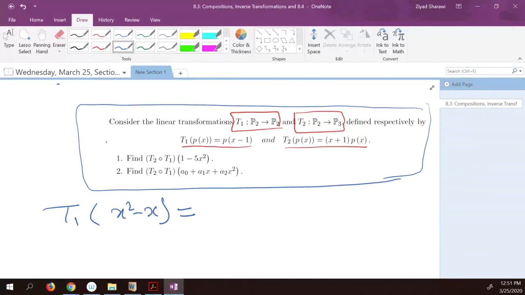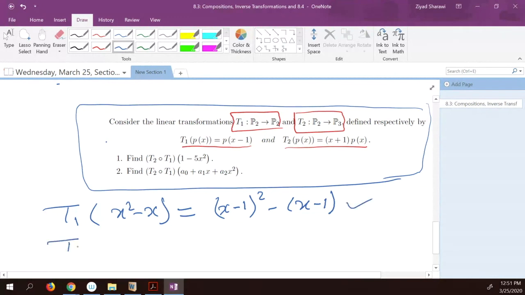Just raise your hand and talk. X squared minus 3x. Smith, are you sure? Aha, Iyad, yes, you got it now. Now this is going to be x minus 1 squared minus x minus 1. That is correct, yeah.